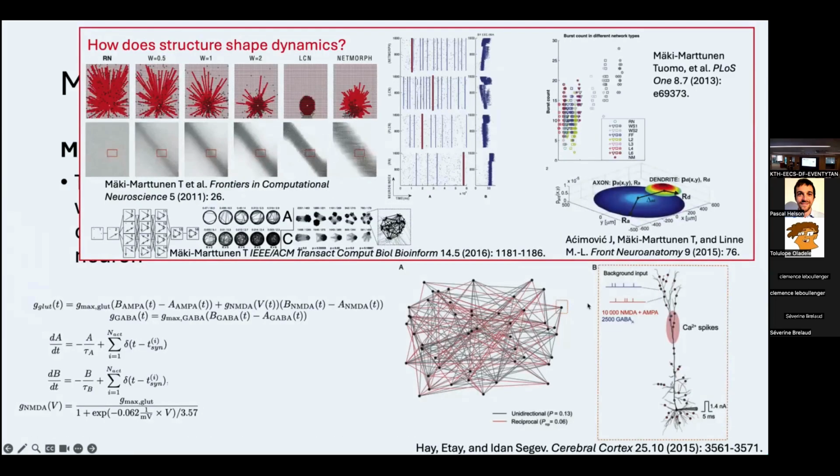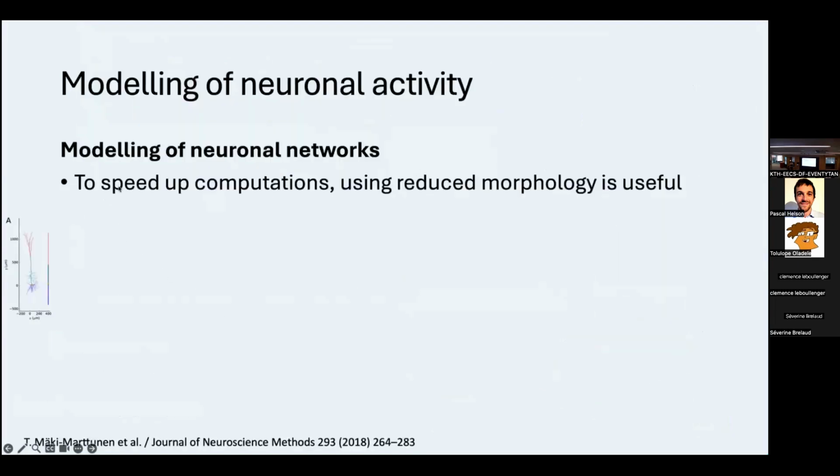But then back to this neural network of 150 neurons here. We wanted to speed up the computations in this paper from 2018, and we reduced this Hay model neuron into a kind of ball-and-stick model. So the soma is here, and then you have basal dendrites here, and the apical dendrites here as a single line.